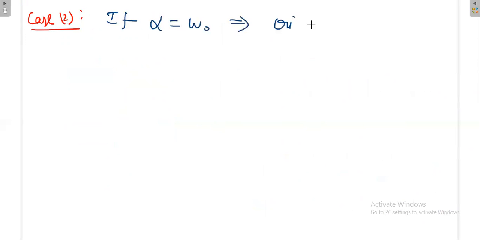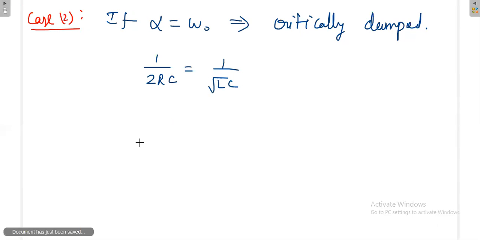Then case 2: if alpha is equal to omega naught, then this is a critically damped system. That means 1 by 2RC is equal to 1 by square root of LC.